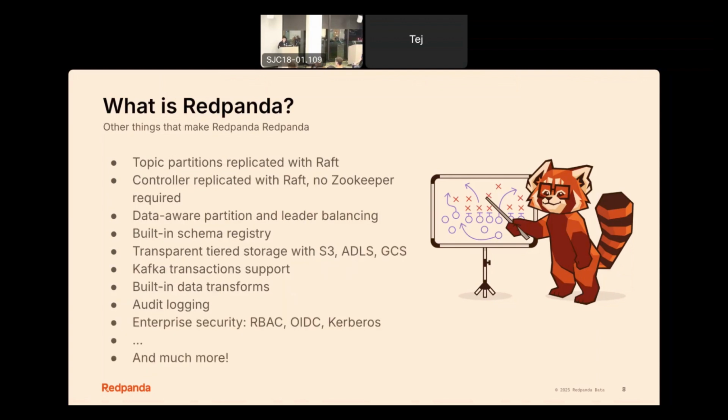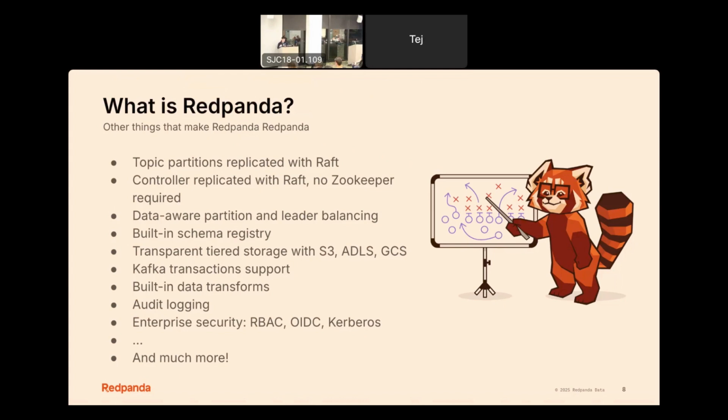And at the risk of selling Redpanda a bit too much, here are some other things that make Redpanda Redpanda. So first, each topic partition is replicated with a Raft consensus group, giving us pretty strong guarantees with regards to data consistency across replicas. Our controller, which manages cluster-wide metadata, is built into the system and replicated with Raft. So this means there's no ZooKeeper involved and no separate service for metadata management.